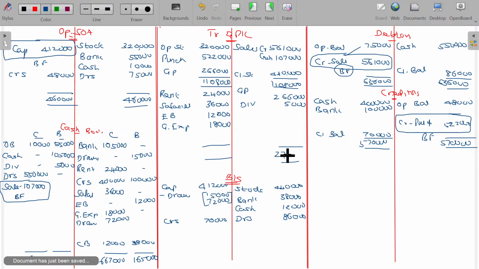Tally this, 2,71,000. Ultimately, you get the net profit, hope the net profit being 1,81,000. I transfer that to the balance sheet. 1,81,000.